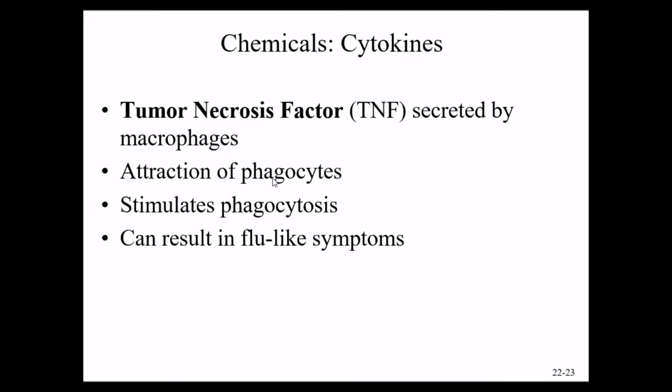Phagocytic cells are a very important part of your immune system. And so you have to have chemicals involved to send a signal to these phagocytes so that they can be attracted to the site of the infection. It helps to stimulate the process of phagocytosis, but in the process of doing this, these chemicals give you an achy, flu-like symptom. It will probably cause you to run a fever and have a sense of fatigue because of these chemicals.